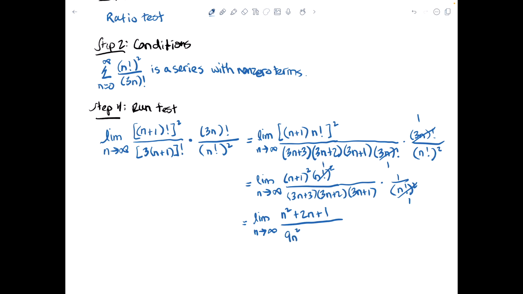And then we'll have plus 6n plus 9n would be 15n. And then plus 6. Then that in turn will be multiplied by 3n plus 1.